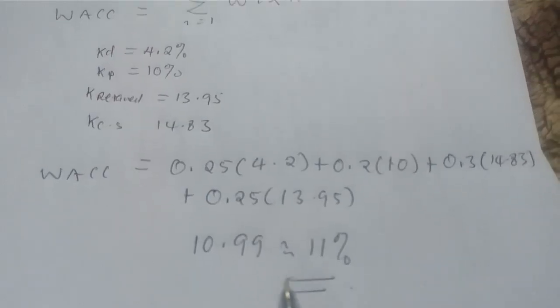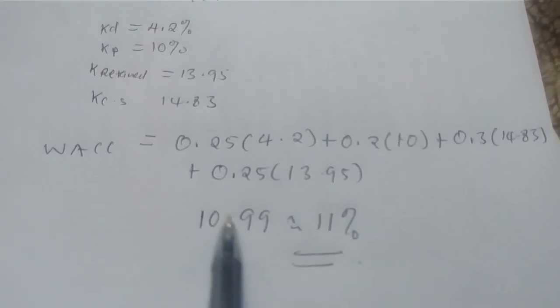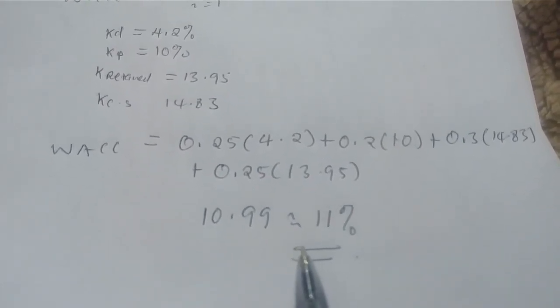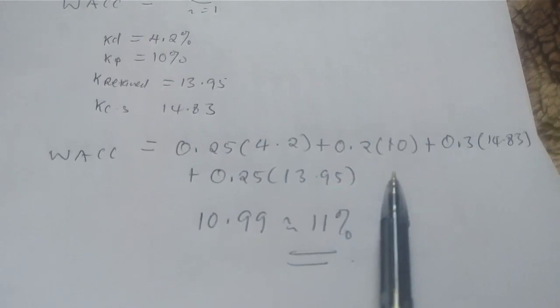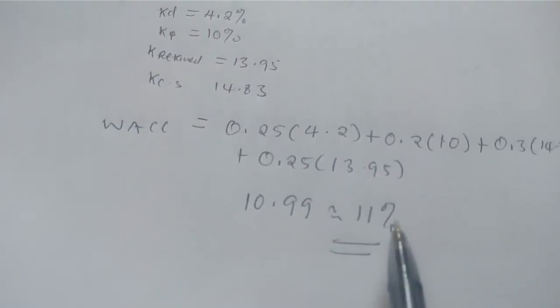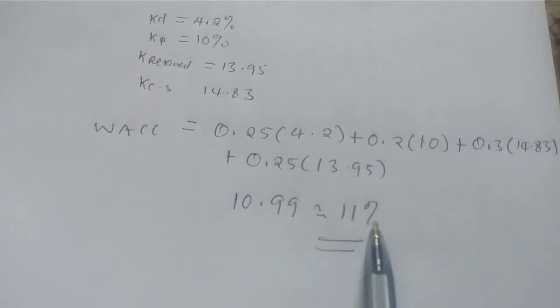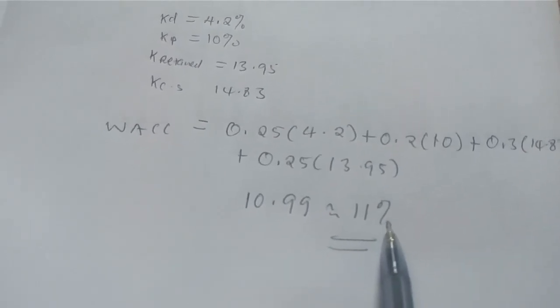So what it means is if the company raises the required amount using all the 4 sources of funding that are available in those proportions, then on average it's going to cost 11% on the company.